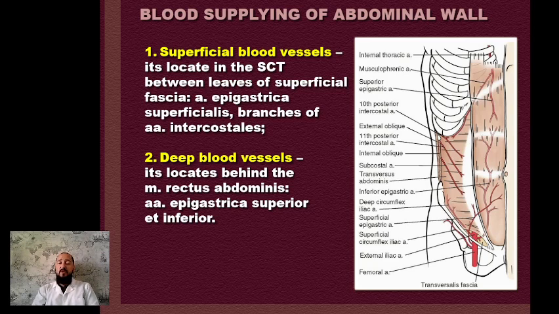It is the superficial epigastric artery. The superficial epigastric artery is a branch of the femoral artery that arises just below the inguinal ligament, and branches of the intercostal arteries. The last intercostal artery is called the subcostal artery.